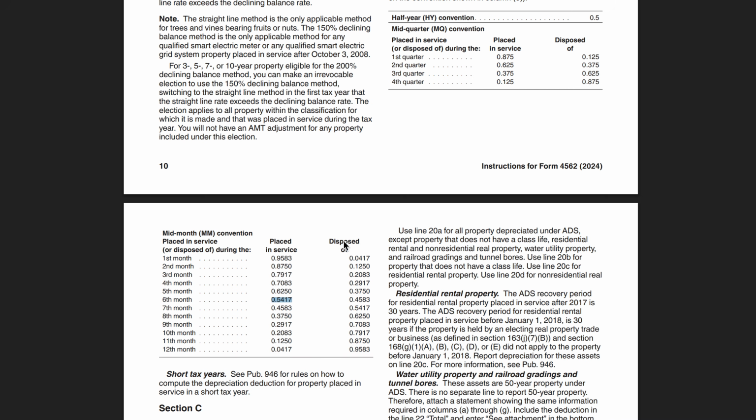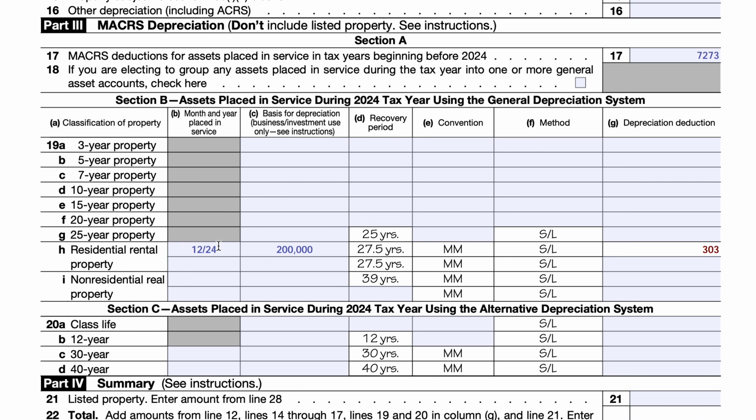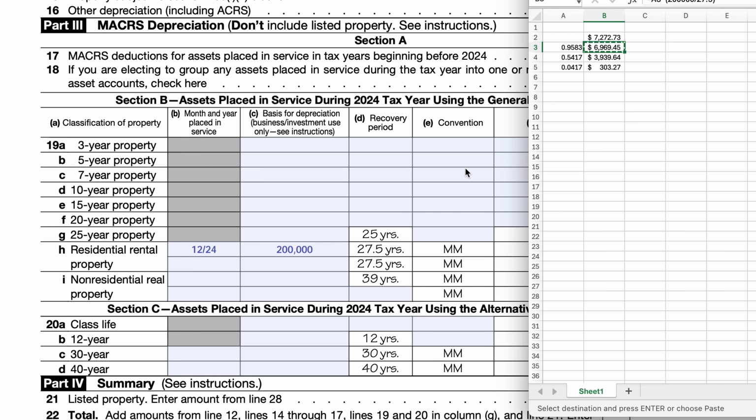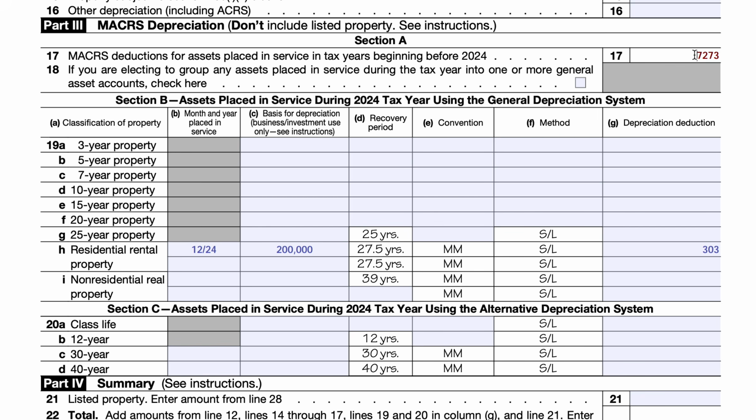So the 0.0417, you would take that depreciation in your last year, and you would basically get this number over here. So that 303 comes up here, and then the rest of this is blank.